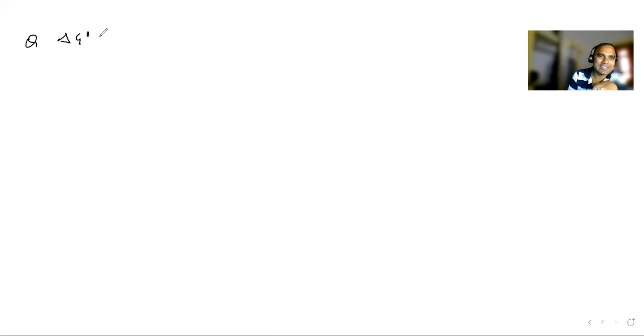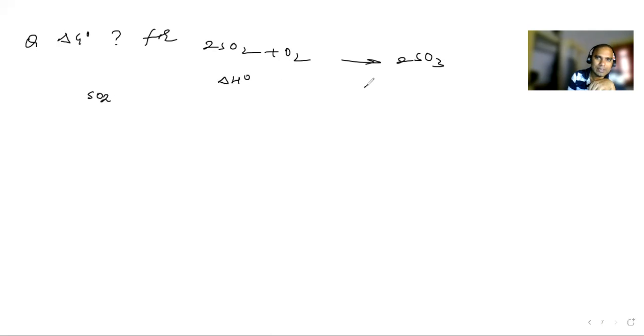They are asking delta G naught. I'm writing: 2SO2 plus O2 gives 2SO3. They have given the SO2 values, delta H naught and delta S naught. This value is again going to be in kilojoule and this value in joule. So let's have a look.